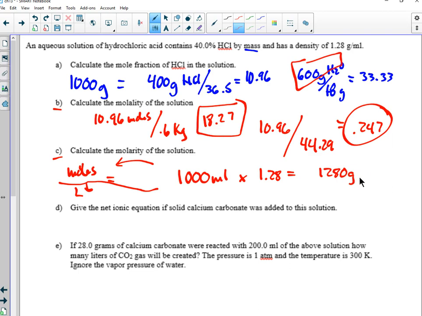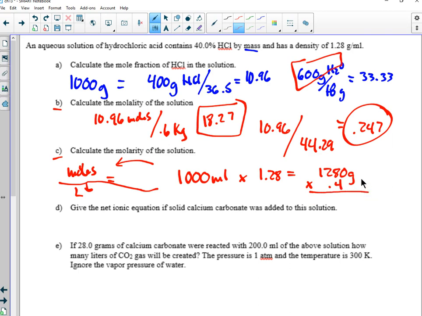And I need grams because I need to find, of this total thing, how many moles of it were HCl. So this is the mass of my liter. I'm going to multiply that mass by 0.4.